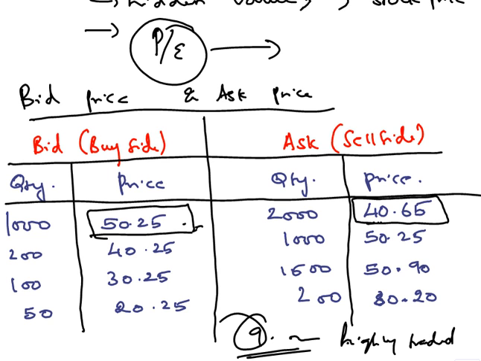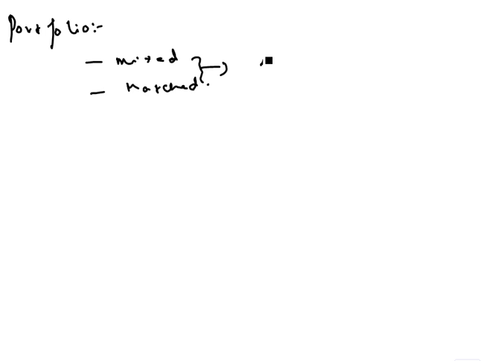So this is one thing, and now we should see a little bit on what is called a portfolio. A portfolio is a combination of different investment assets. It can be mixed or it can even be matched. Anything you can do for attaining the investor goals.